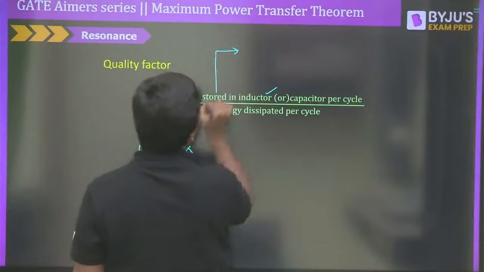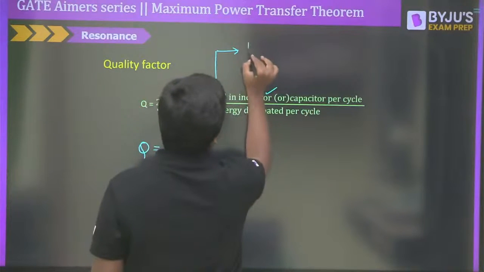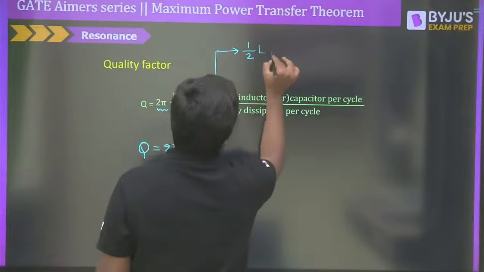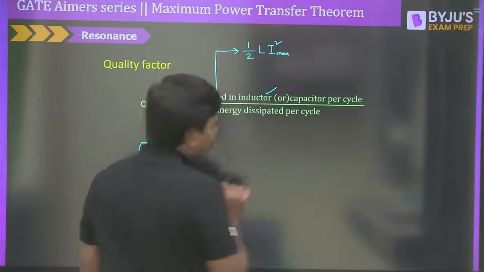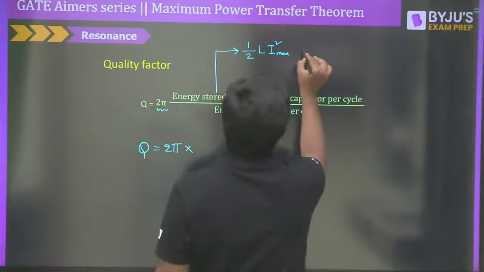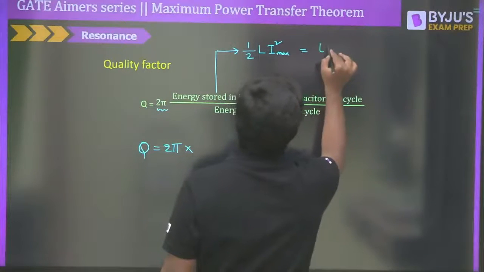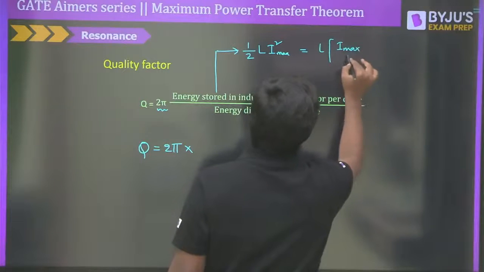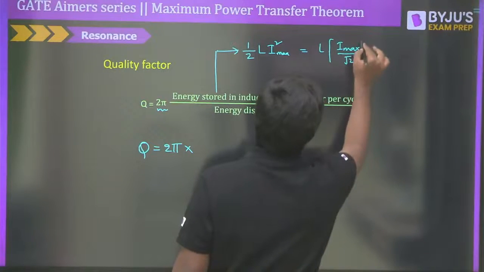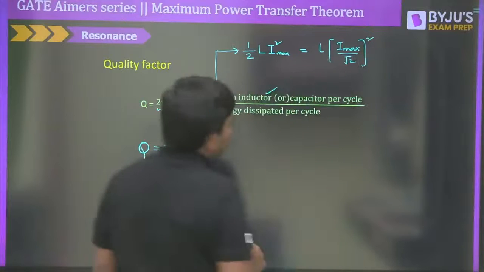Therefore, the energy stored in the inductor can be written as half L into I max square. Usually this is the formula for this. Correct? But if you go ahead, it should be written as L into I max divided by root 2, whole square here. So this is exactly what is considered, right?